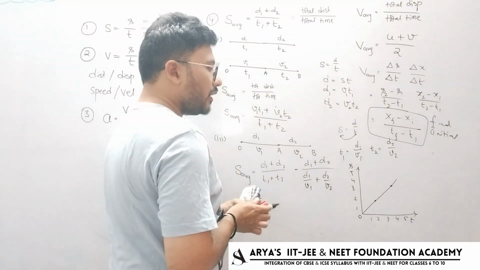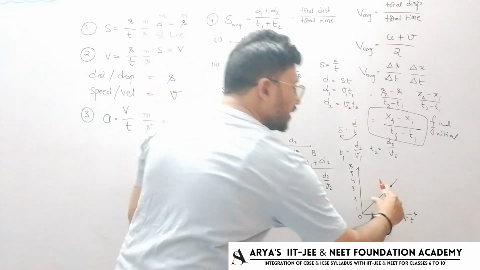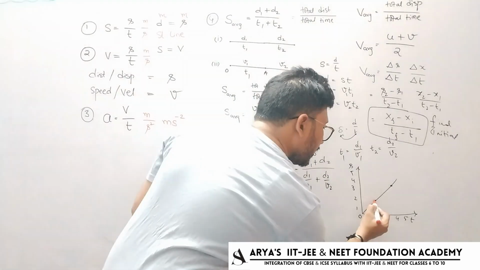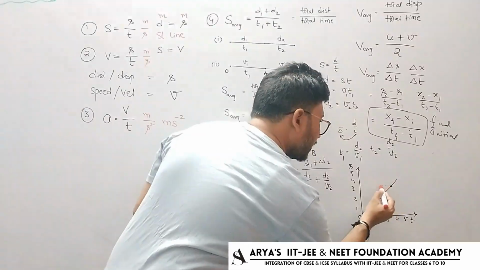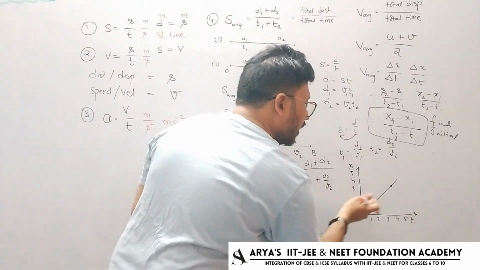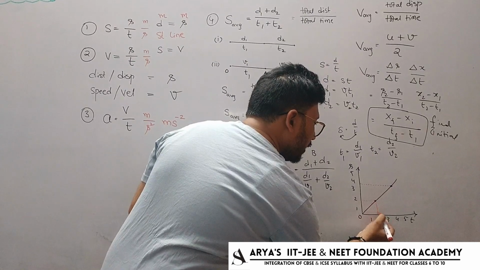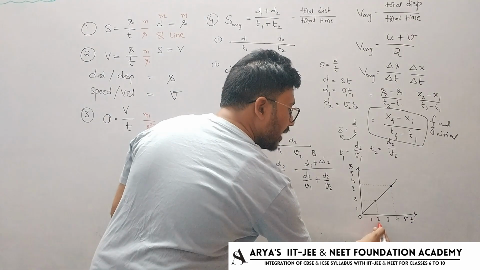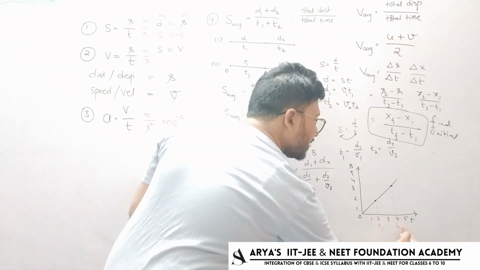Now if you want to find velocity in this particular area, here you will draw like this, and here also you will take. So you will draw lines parallel to the x-axis. Here you will drop lines parallel to the y-axis. Now this is initial time, you take it as ti. This is final time, you take it as tf.